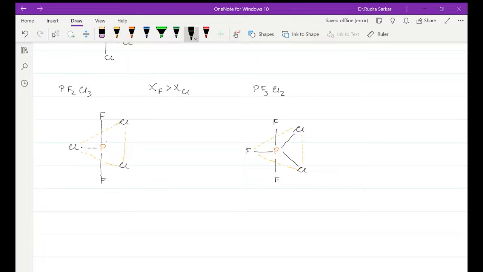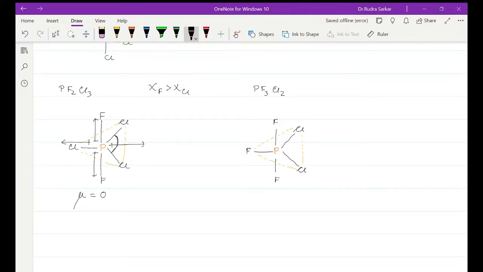So having considered that, if the molecule is considered non-fluxional, then obviously this molecule will have a dipole moment of 0, because the bond moment of fluorine is cancelled by the fluorine on the opposite side, whereas the bond moment of this P-Cl will be cancelled by the resultant P-Cl of these two bonds.